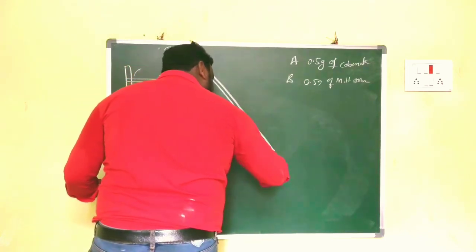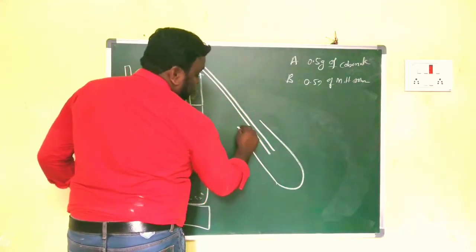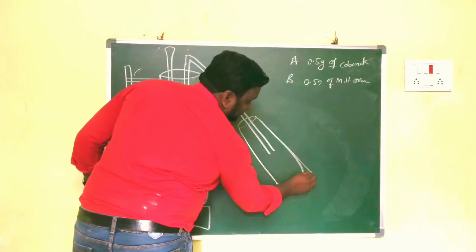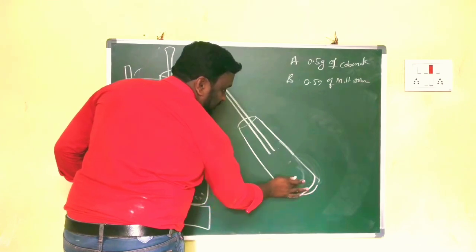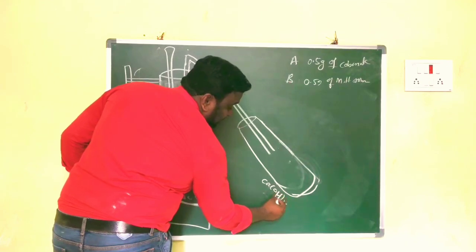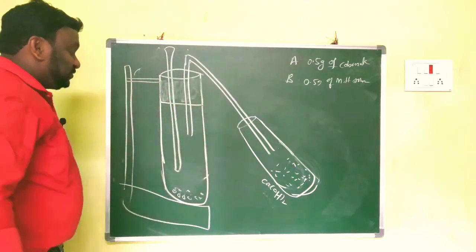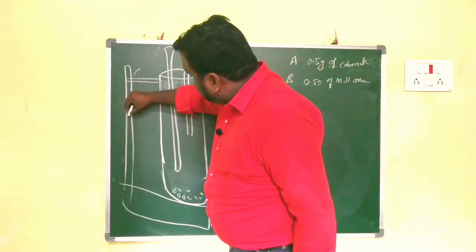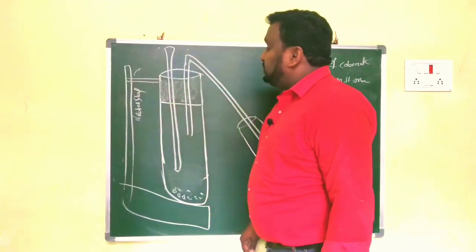The delivery tube should be kept in another test tube that already has some calcium hydroxide aqueous solution. So this is the experimental arrangement. This is the retort stand. Labeling is so important, children.